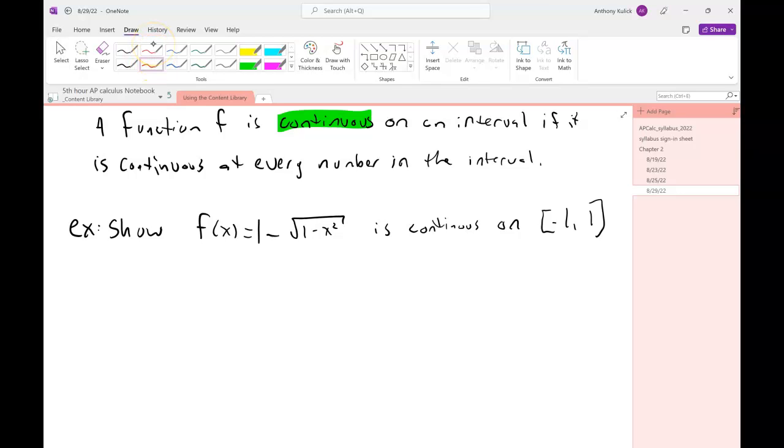First thing we need to check is, if I take some a from that interval, is a in the domain of f of x?